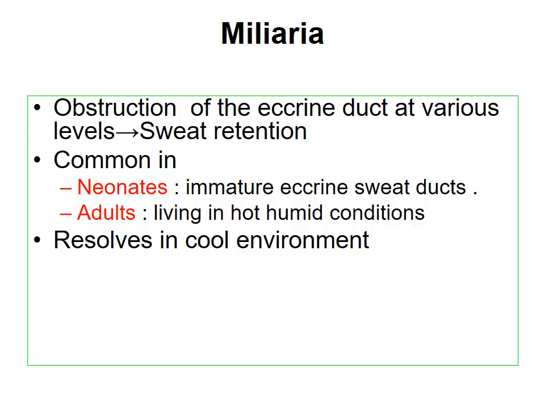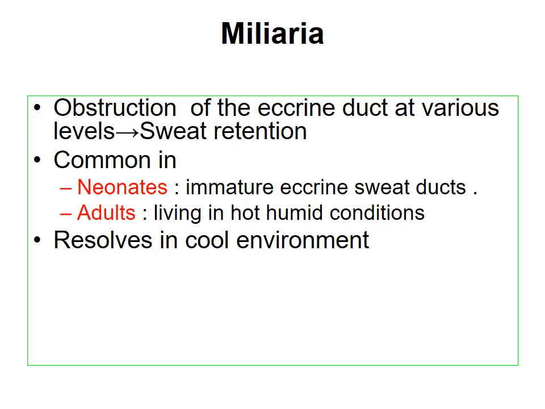The idea of miliaria is obstruction of the eccrine duct, this tube which opens on the surface, at various levels, leading to sweat retention. So miliaria is sweat retention due to obstruction of the eccrine duct at various levels.